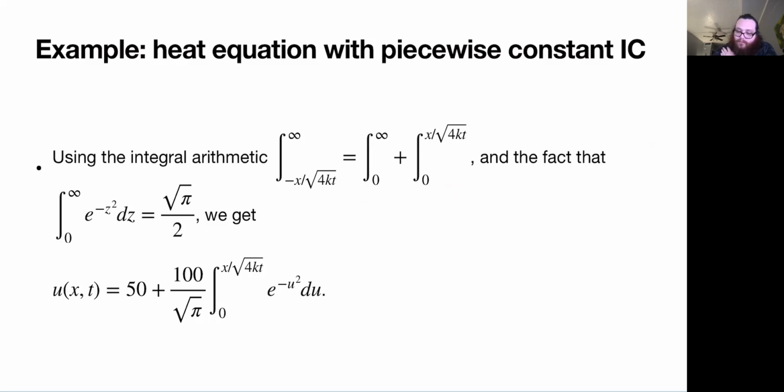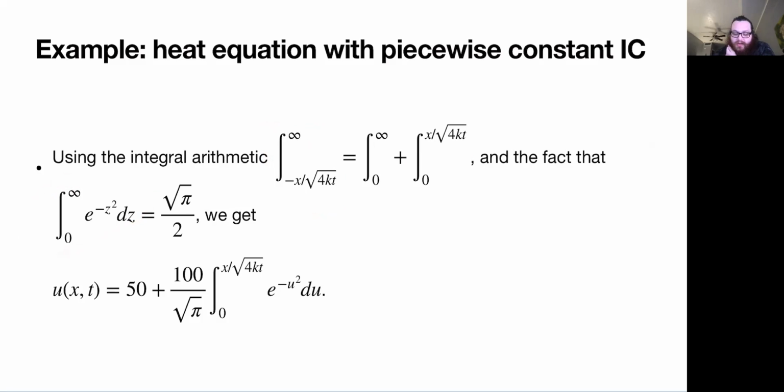Because if you switch these bounds, you pick up a minus sign, but then converting this to minus, that minus sign goes away. What you're doing is splitting up this integral between the lower bound to 0 and then 0 to the upper bound. So you can use this arithmetic of the bounds. This integral we've seen a few times. If you just take the integral from 0 to infinity, you get root pi over 2.